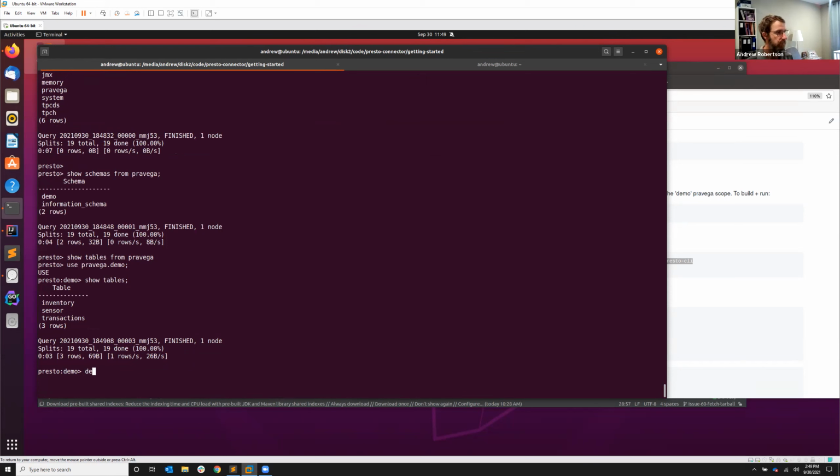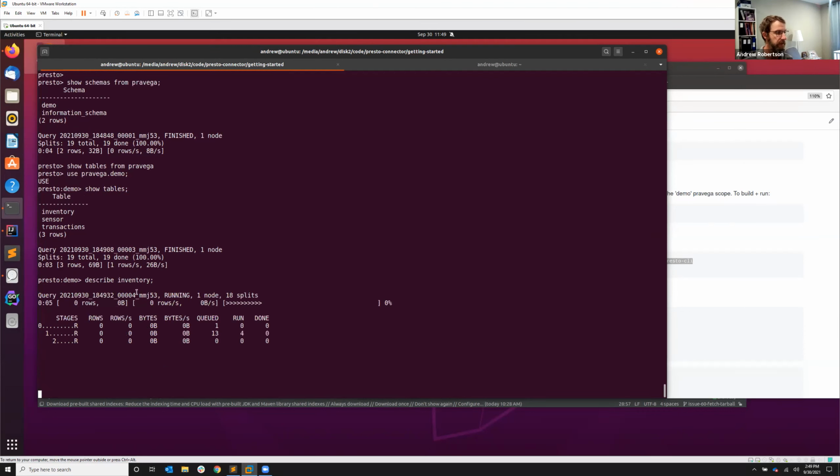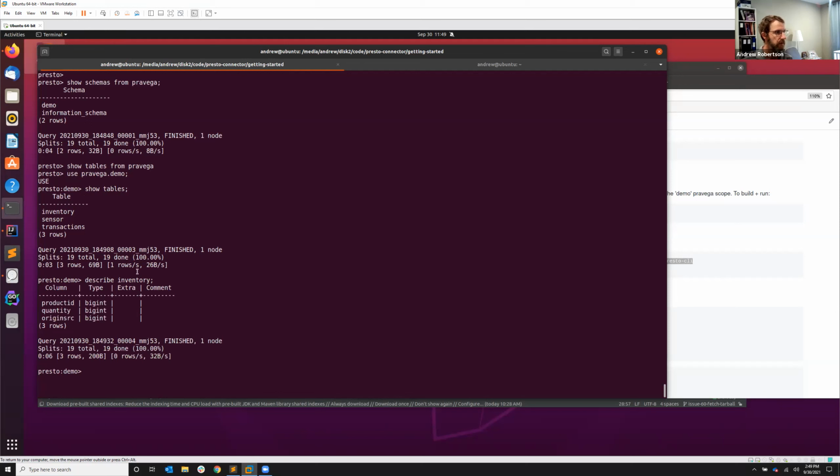So inventory was the first one. You can do things like describe inventory. At this point, we're checking to see if there's something in schema registry that has this name, and it does: product ID, quantity, and origin source, which probably don't mean anything, but they're there.